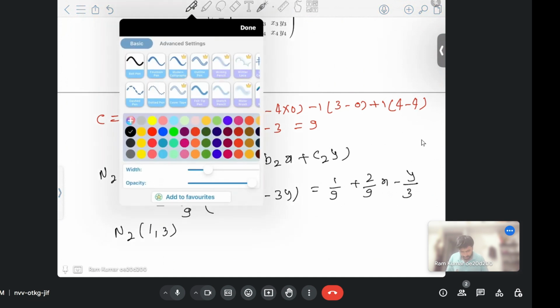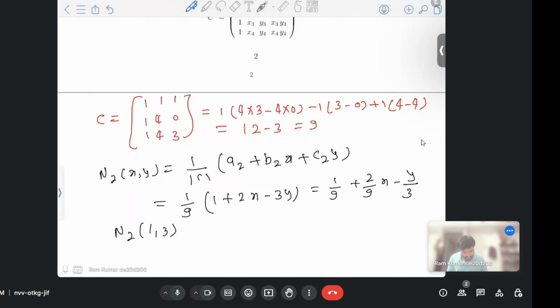So I'm going to put x comma y equal to 1 comma 3. 1 by 9, we are having x equal to 1, so 2 by 9 minus 3 by 3. This will be 11 by 9 minus 1, means 2 by 9. So this will be our n2 at 1 comma 3.